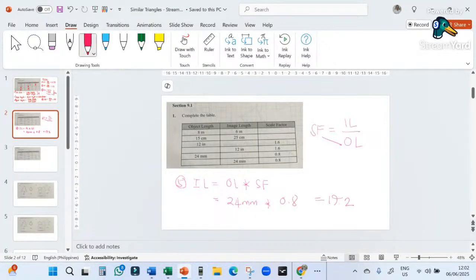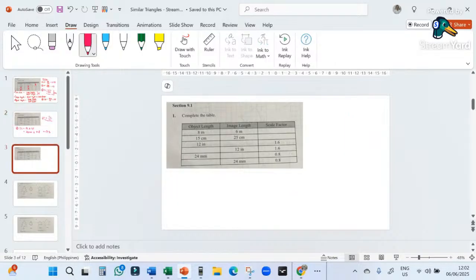Okay, and for number six, object length is the unknown. Scale factor is equal to image length over the object length. You just have to swap this because object length is the unknown.